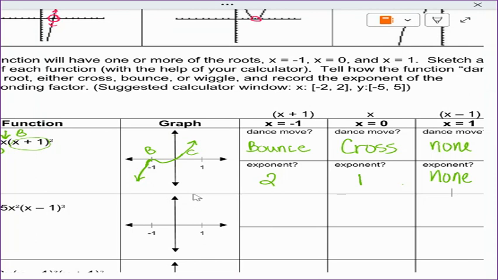Alrighty, I'm going to graph my next one: y equals 25x squared times x minus 1, the quantity cubed. Oh my gosh, we're going to see something fabulous here. Okay. So let's take a look at this graph.